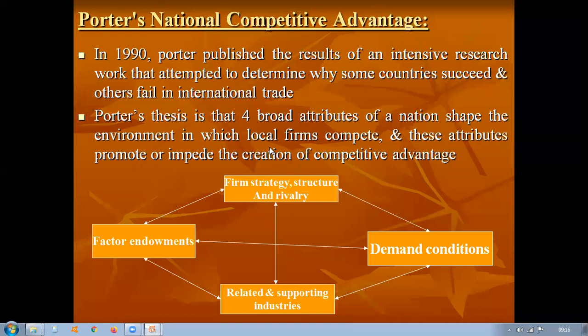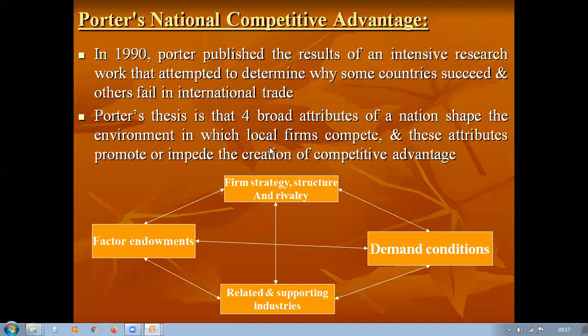What we have discussed, these four factors: demand conditions, factor endowment, related and supporting industries, firm strategy, structure and rivalry, are the determinants of global competitive advantage for the firm. Now we shall discuss these four elements of the diamond.